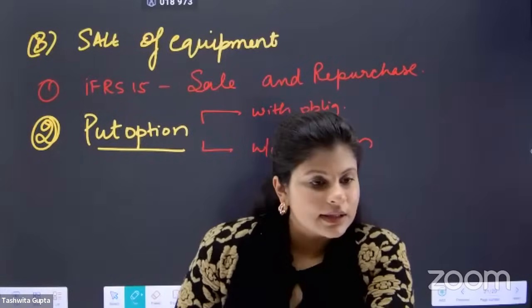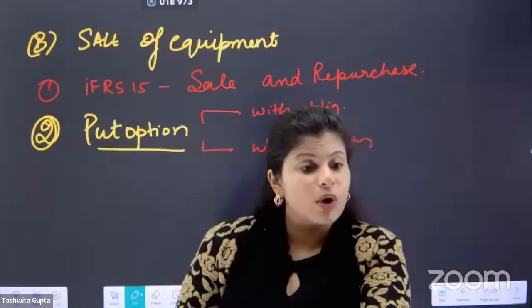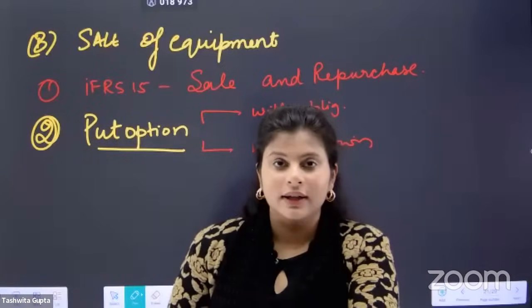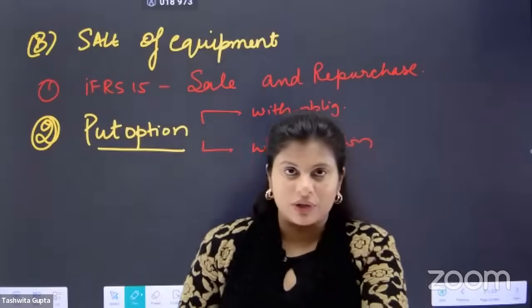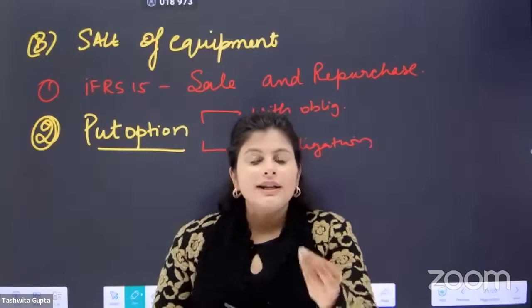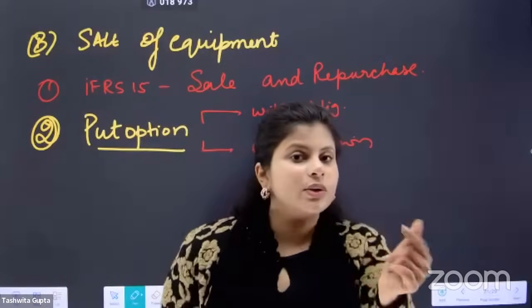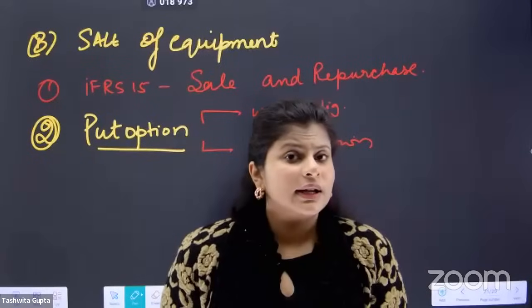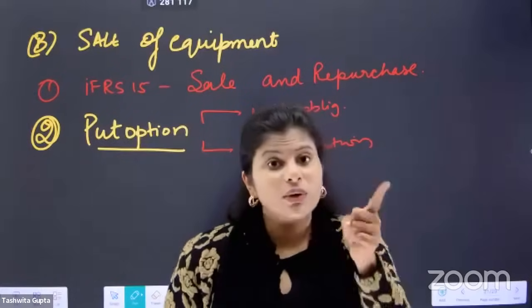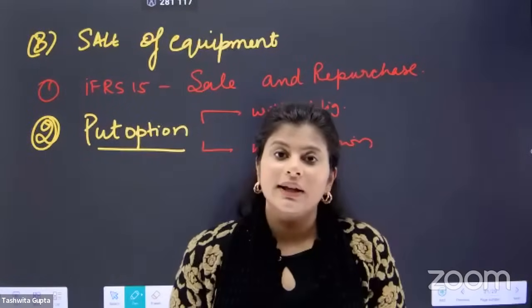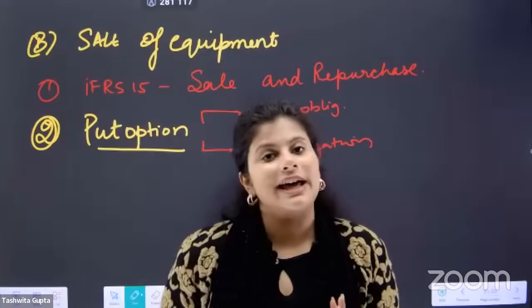So that is what? Put option, right? It's a put option. But the point is, do you have an obligation to take that house back from me? I might put anything in front of you. Do you have that obligation to take it back? That is not given to us directly.